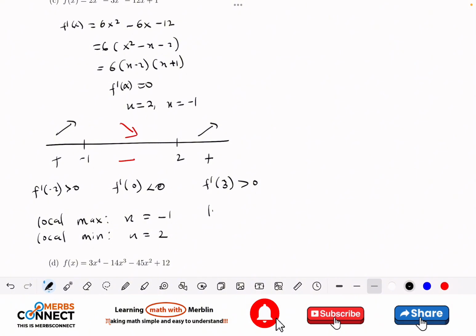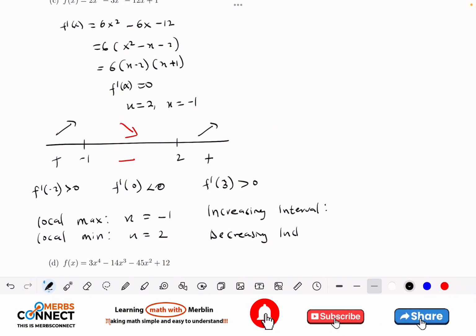So let's look at the increasing interval and then the decreasing interval.